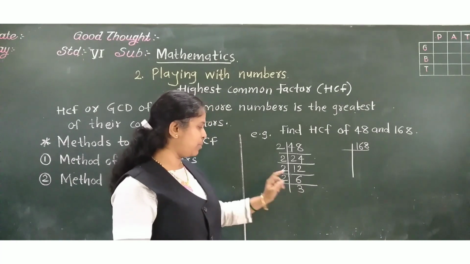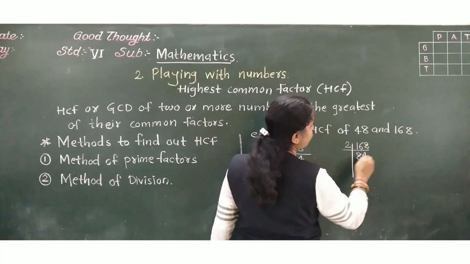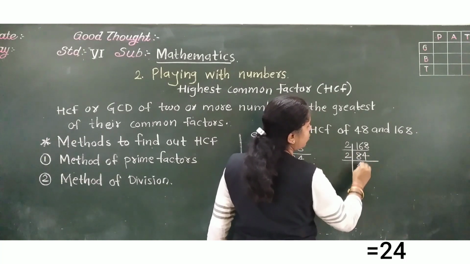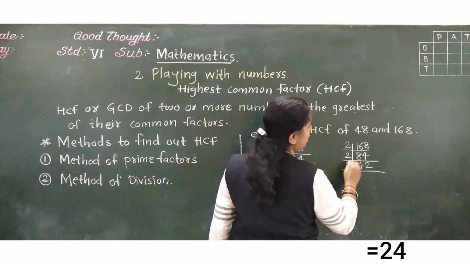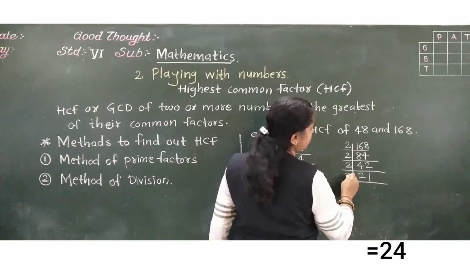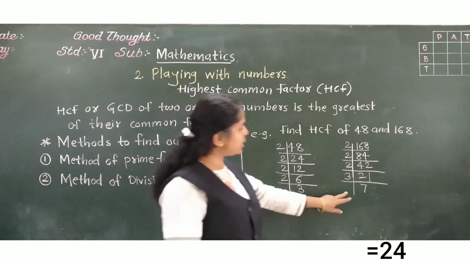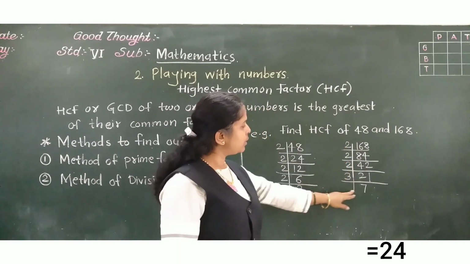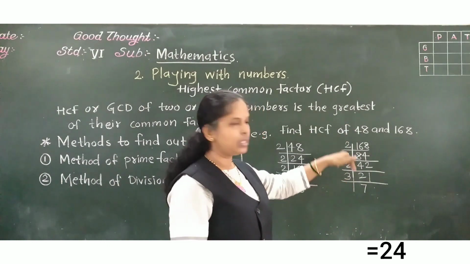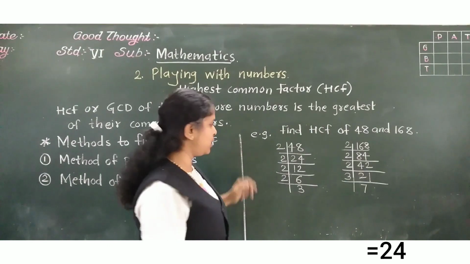Yes, a prime number here. Now on this side, 2 8s are 16, 2 4s are 8. Again 2 4s are 8, 2 2s are 4. 2 2s are 4, 2 1s are 2. 3 7s are 21. Got it? Here the prime factors and on this side also, all are prime numbers only.